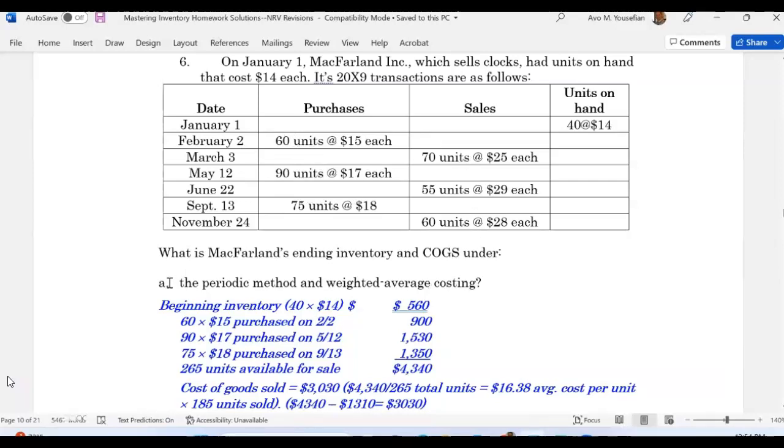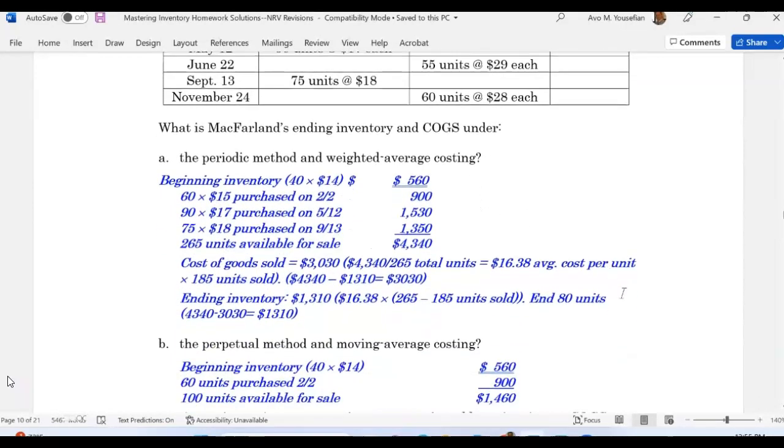And it says, A, the periodic method and weighted average costing. What is the ending inventory under periodic and weighted average? So you have to calculate it, and it will be different answers, okay? So you do periodic ones, and then you do weighted average costing.